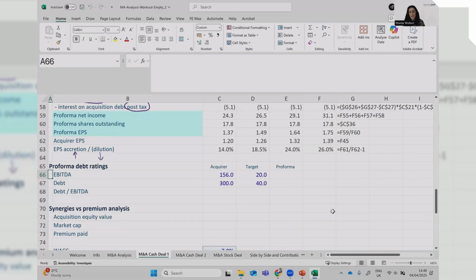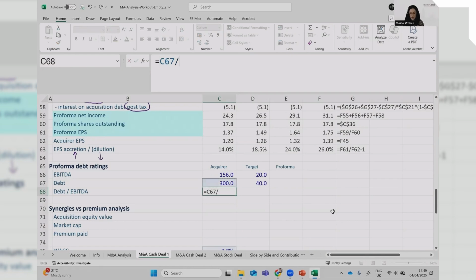So a typical debt metric that we look at is debt to EBITDA. So it's a multiple. How many times higher than EBITDA is the debt? The higher it is, the more risky the company is because they have got more financial obligations. So if we look pre-deal, the acquirer had EBITDA of 156. They had debt of 300.